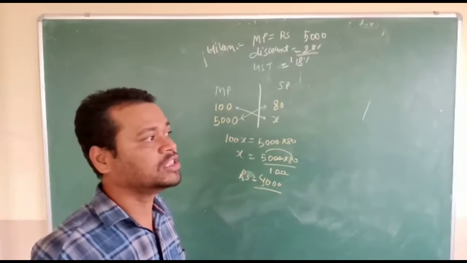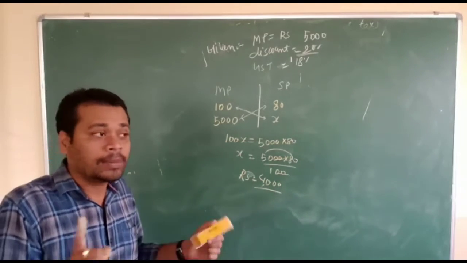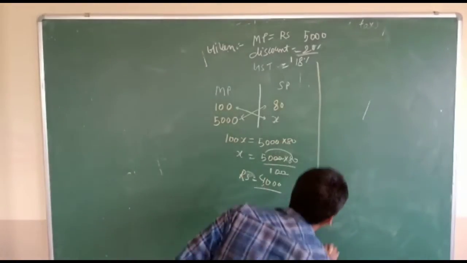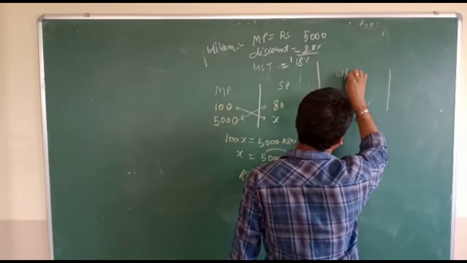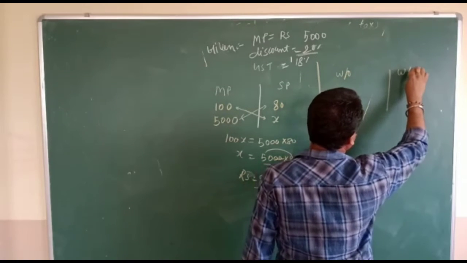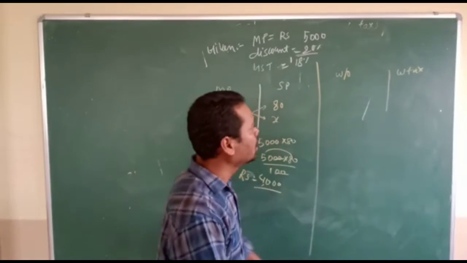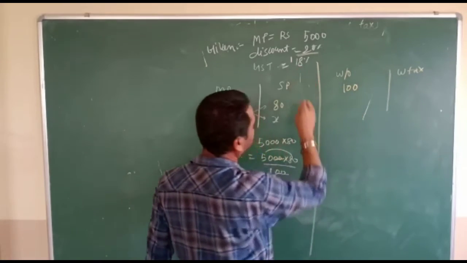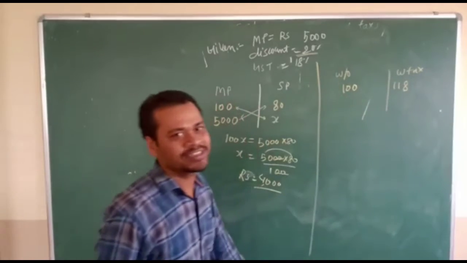No, because the government is charging some amount of tax also for that goods. So you have to pay including tax, right? So again we make two columns. Without tax, with tax. If without tax is 100, with tax will be how much? 118, because 18% is the GST.